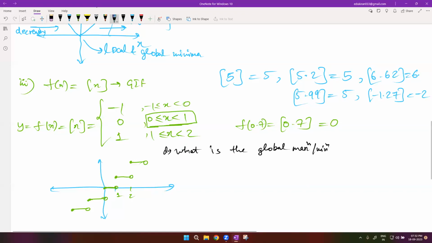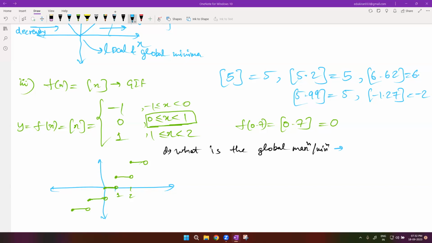You will say that we don't have sufficient evidence here to comment on global maximum or global minimum.